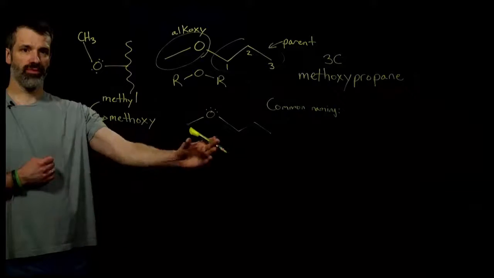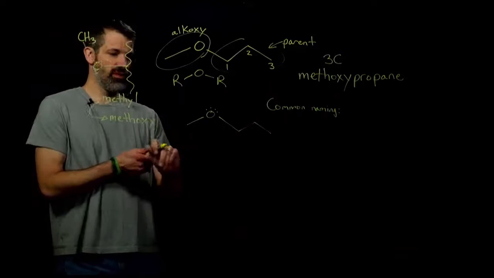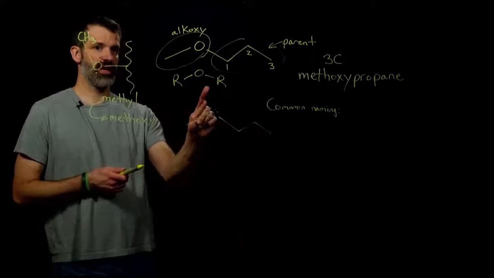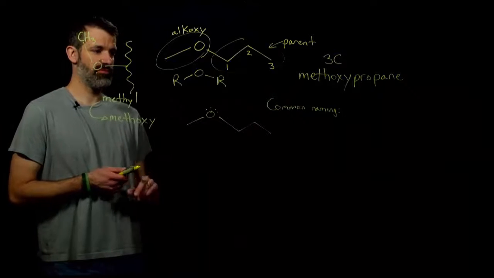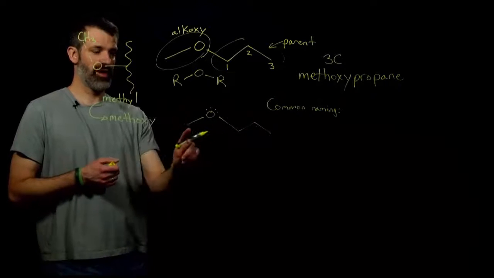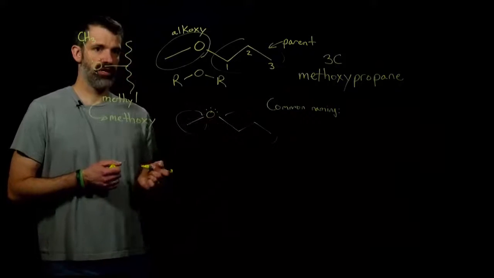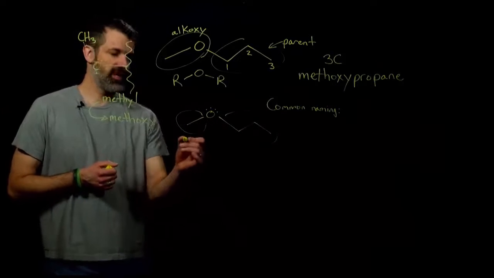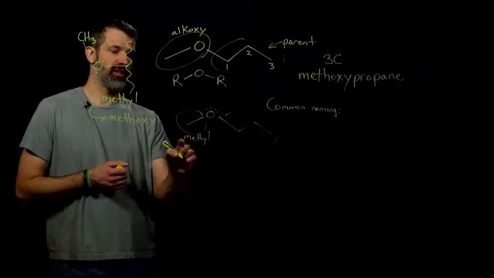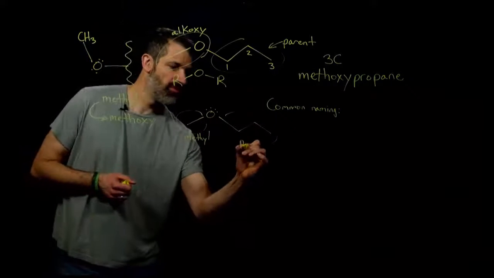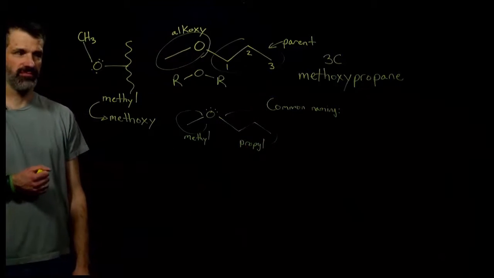On ethers, you've actually got 2 R groups on either side of the oxygen, so we're going to name both alkyl groups on either side of that ether oxygen. This is methyl coming off of this oxygen, and this is propyl coming off the other side.